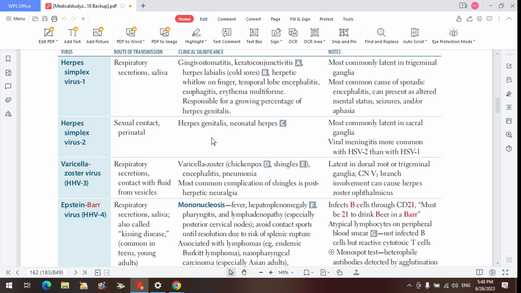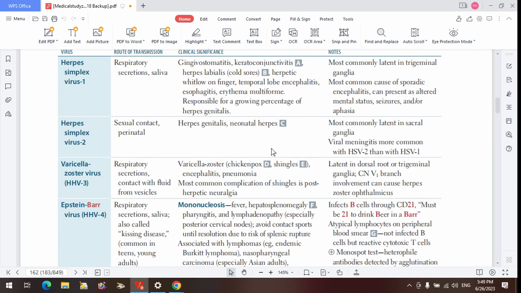So don't forget. Most common complication for herpes simplex virus 2, particularly after reactivation, is what? Anybody? Most common complication following reactivation of herpes simplex virus 2. You said post-herpetic neuralgia now. No, 2. Herpes simplex virus 2. When there's reactivation for herpes simplex virus 2, what do you expect?